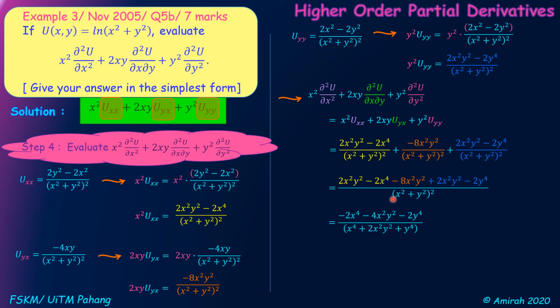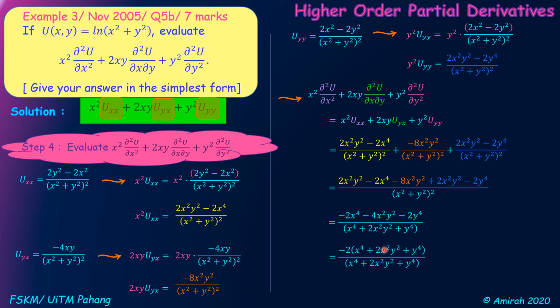After that we can expand the denominator here. And then from here, we can factorize the constant negative 2. So we have negative 2 times (x to the power of 4, and then minus times plus, so we get back negative 4 here, so we get plus 2x squared y squared, and after we factorize negative 2, inside the bracket we have plus y to the power of 4).